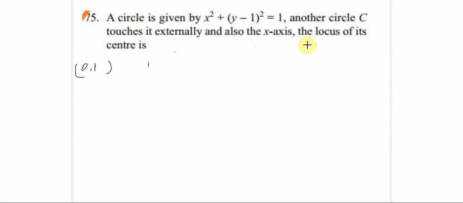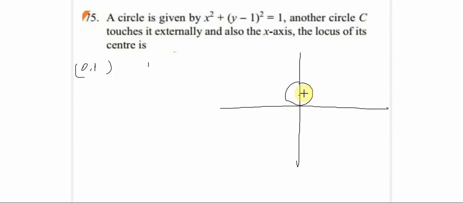So this is roughly our circle. This point is (0, 1), and we are asked to find circles like this, which touch this circle externally and also touch the x-axis.